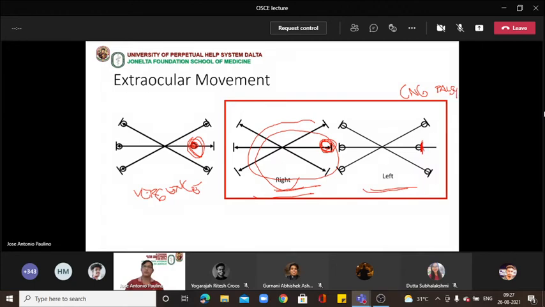Okay? So, if we check and we see that there is weakness in the movement, we have to grade it. The usual maximum movement is graded as 4/4. However, if it is limited, we can divide the arrow or the line into 4 equal parts.